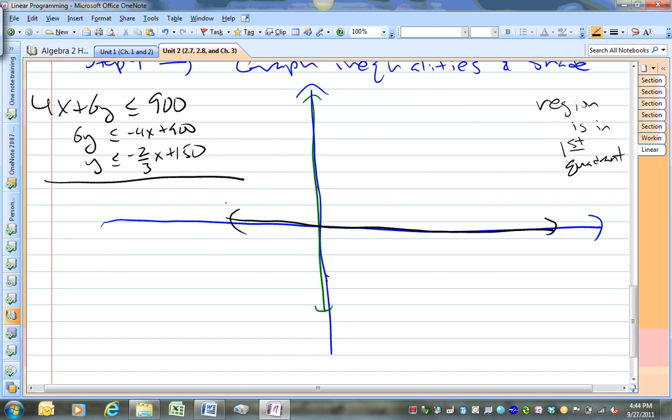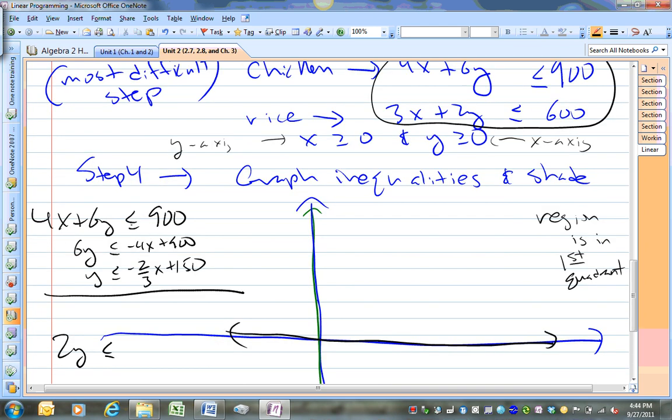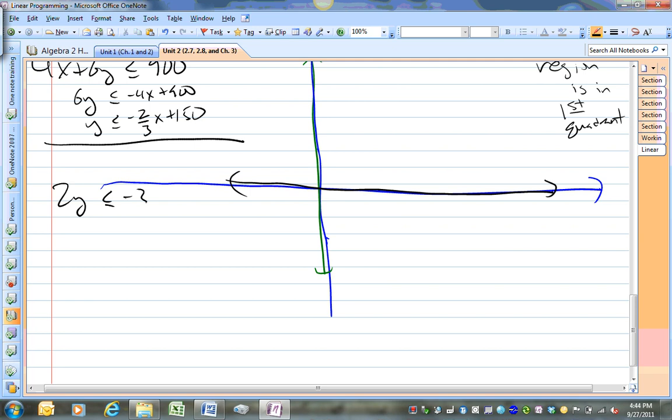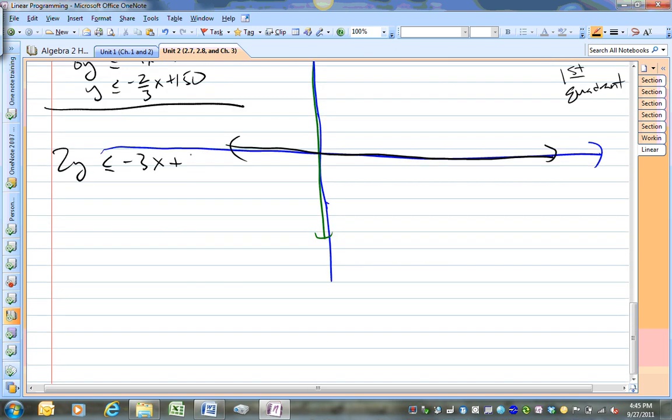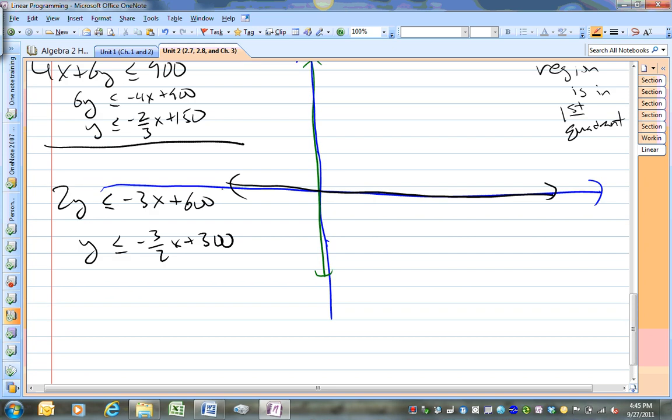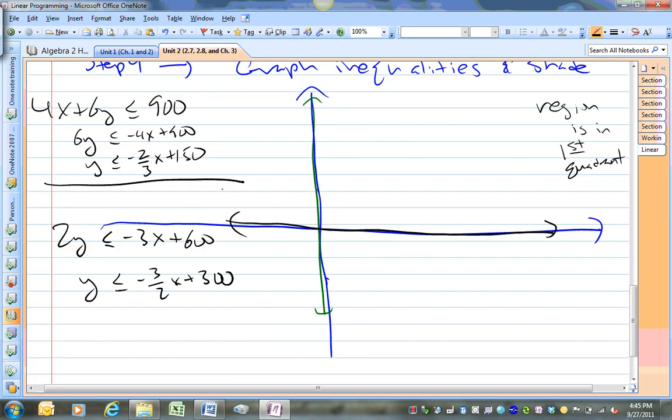For the other inequality, 2y is less than or equal to negative 3x plus 600. So y is less than or equal to negative 3/2 x plus 300. So now we graph these.